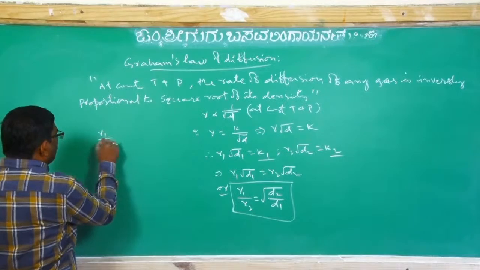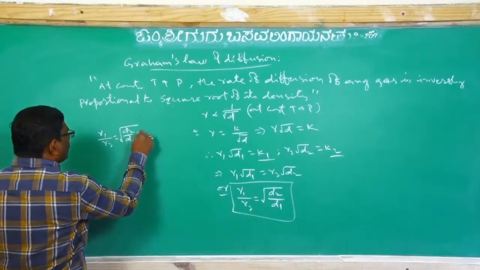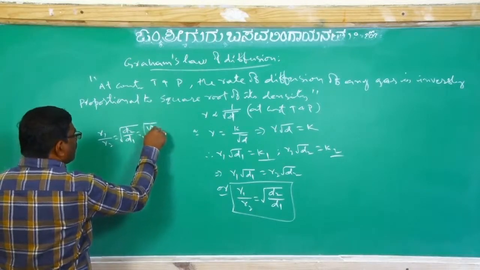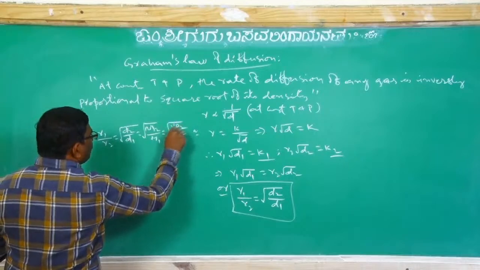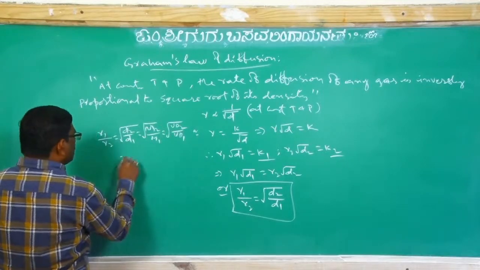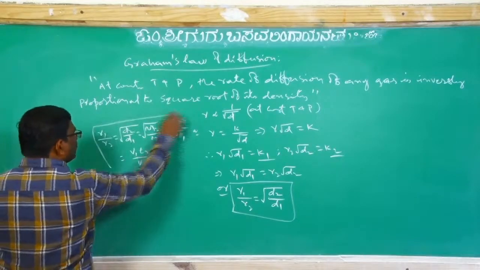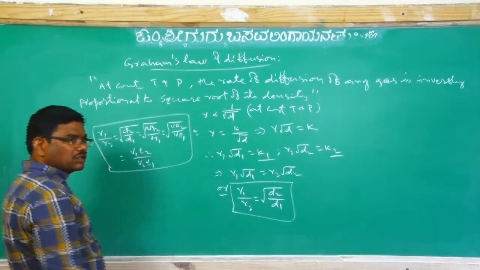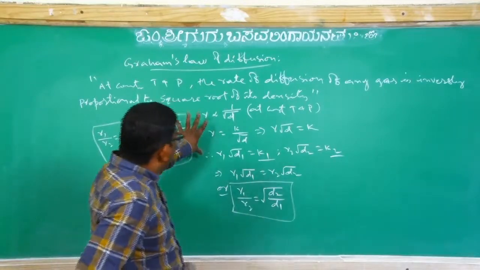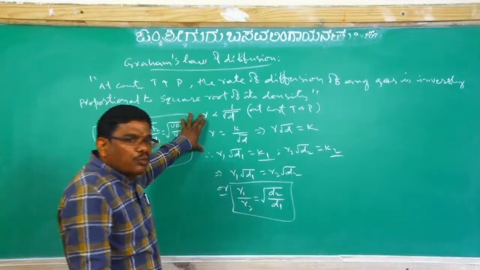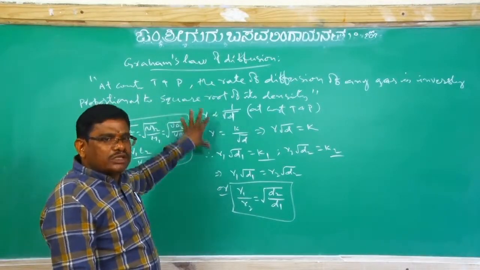That will be R1 by R2 equal to square root of D2 by D1 equal to square root of M2 by M1 equal to square root of VD2 divided by VD1 equal to V1 D2 divided by V2 D1 बोल के different expressions are there. All these different expressions let us do tomorrow. Actually NCERT में नहीं है मगर इनके ऊपर questions आ रहे हैं, so इसलिए हम chance काहे को लेना बोल के explain कर रहे हैं.